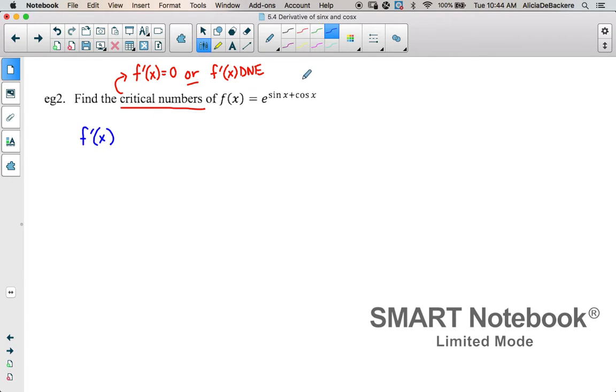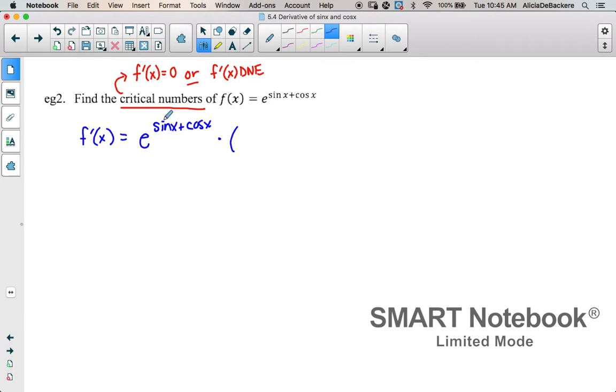In this case, I'm going to take the derivative of the exponential, which is on the outside, and inside the exponent, my inner function is the trigonometry. So taking the derivative of the outer function, when I have e to the power of something, the derivative is just e to the power of that thing. And then we multiply by the derivative of the inner function, the derivative of the exponent.